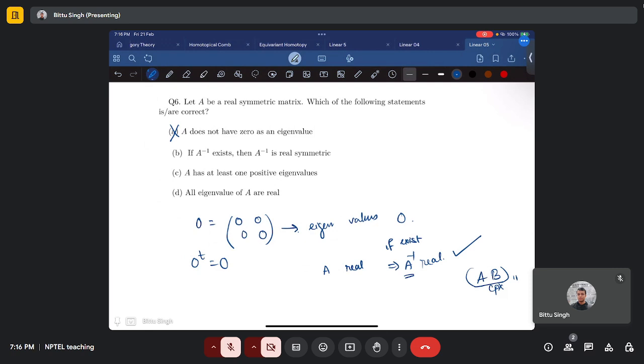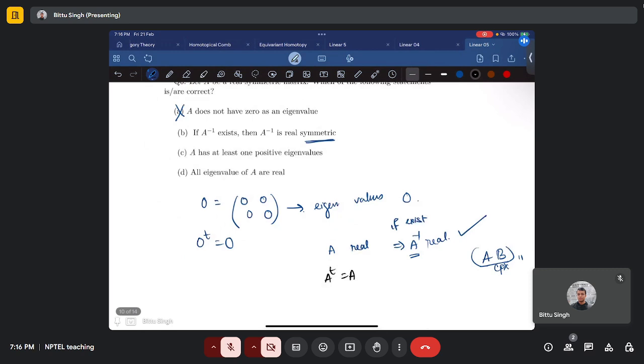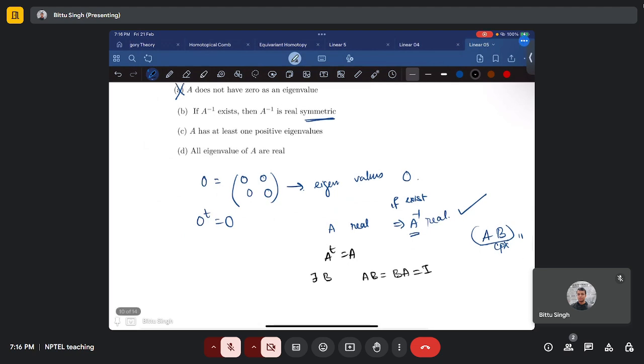Now the question is if it is symmetric or not. So this is what we need to check. Given A transpose equal to A, and it is given that the inverse of A exists. So there exists some B such that A times B is the same as B times A, which is the identity. Since the inverse exists, we have such a matrix.